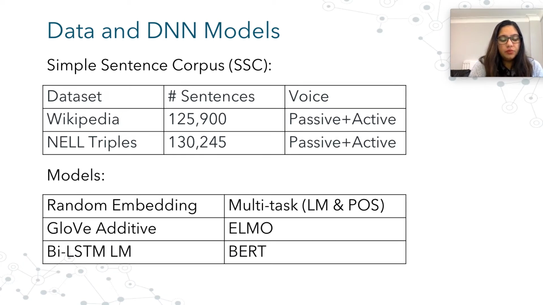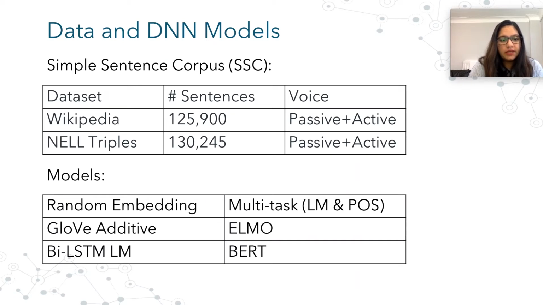Following are the models that we use for comparing with the brain data. One of the first models is random embedding, where each word is represented by a randomly generated embedding. A second simple model is the GloVe additive model, where a word is represented by its GloVe embedding, averaged with the previous word's GloVe additive embedding.